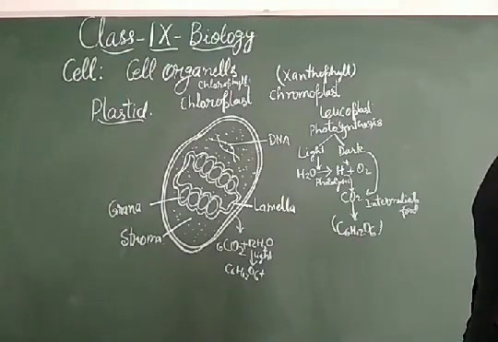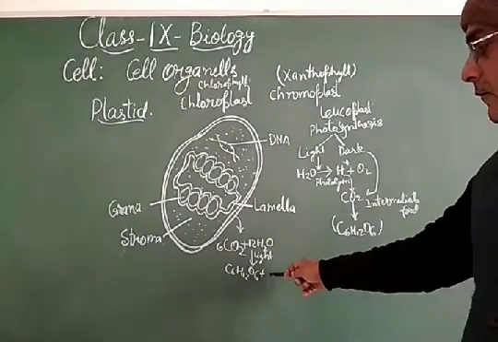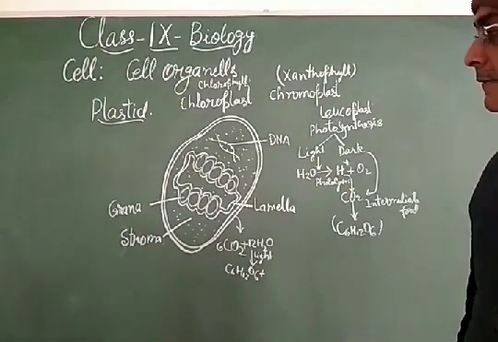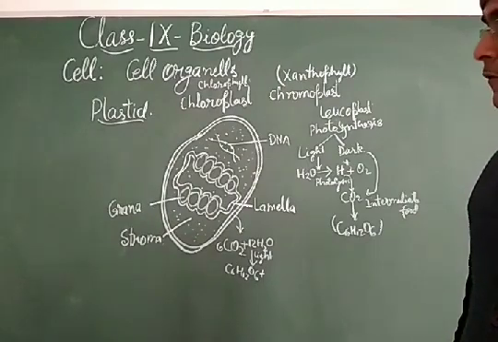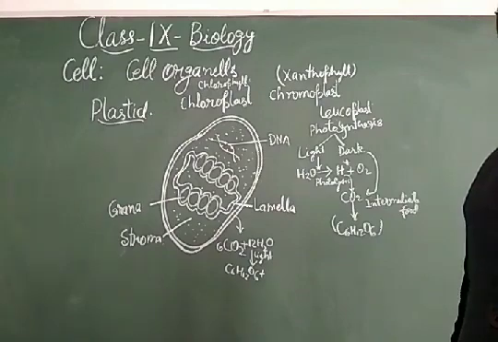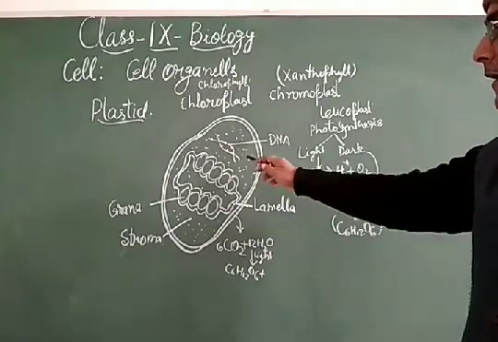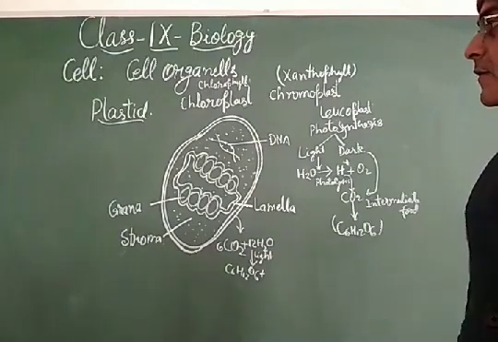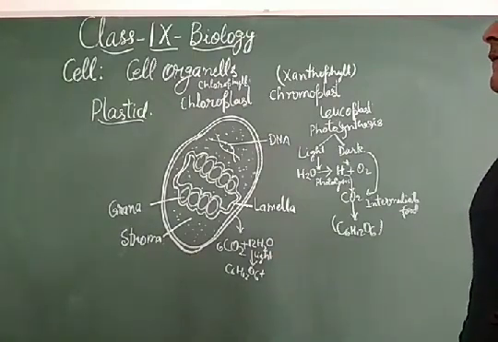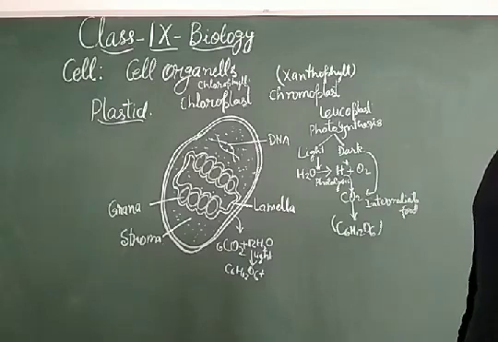In respiration, the breakdown of carbohydrate molecules takes place and energy gets liberated. Mitochondria is again a double membranous structure, and it has its own DNA, apart from its other remaining parts that you will study in detail in the structure of the mitochondria.